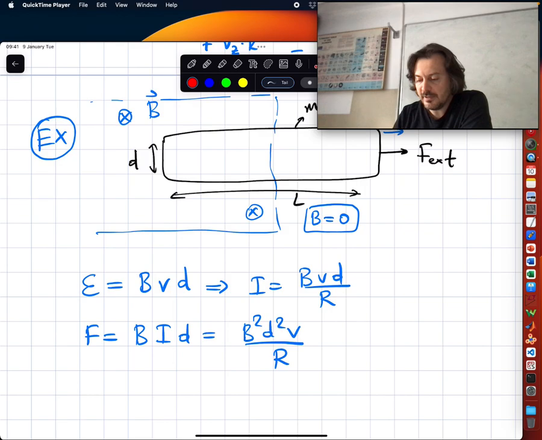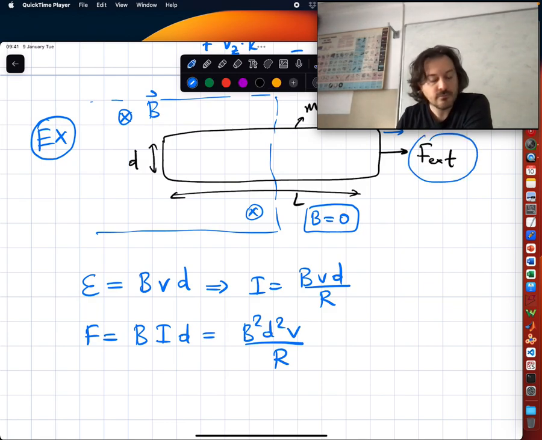Now, the response must be inwards, which corresponds to a current that goes like this. When you have a current like that, magnetic field pointing in, I cross B gives you a force in the opposite direction. But remember that we also have the external force.